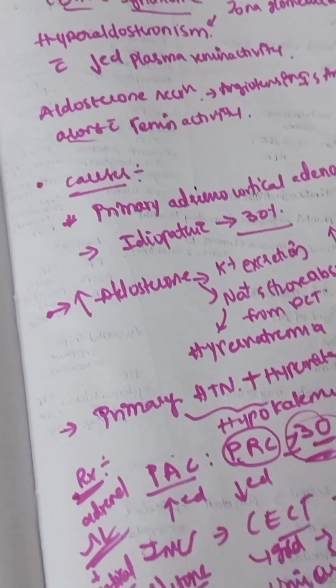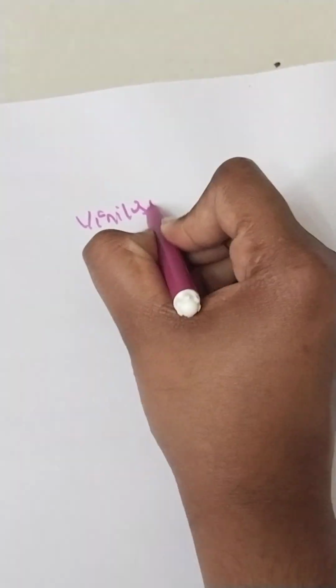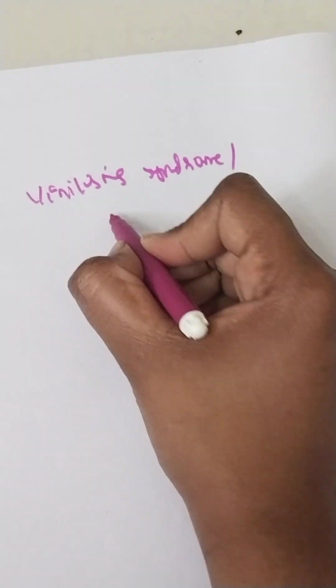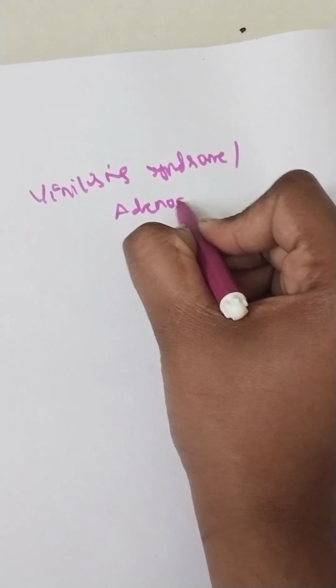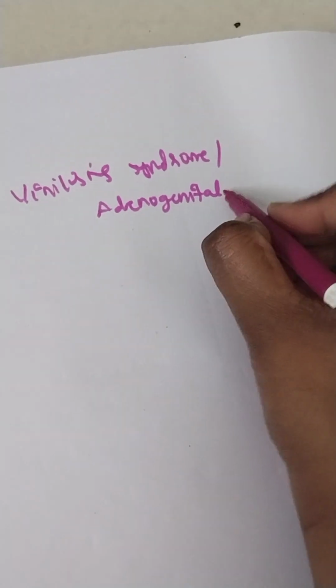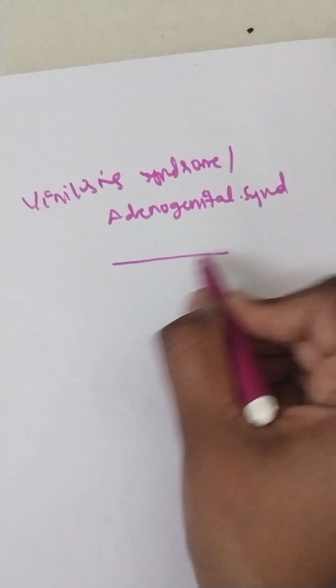That's it guys, today the second part of the adrenal gland, which is Conn syndrome, right? And let's discuss another thing in the same video. This is virilizing syndrome or adrenogenital syndrome, right? So we had read that we have three zones.